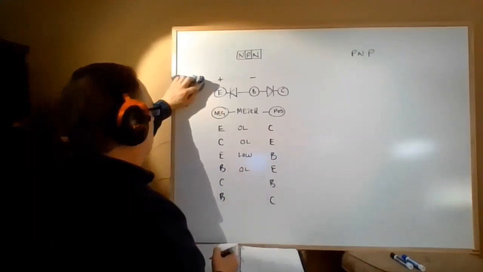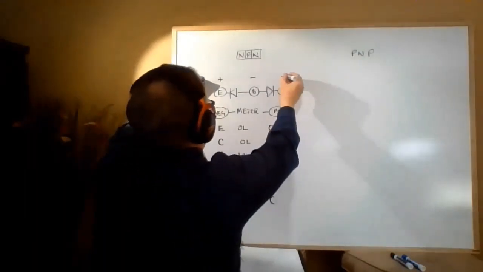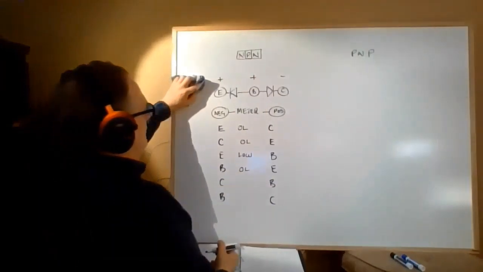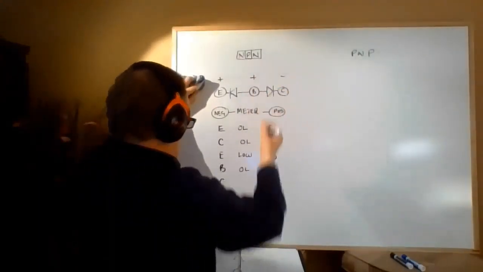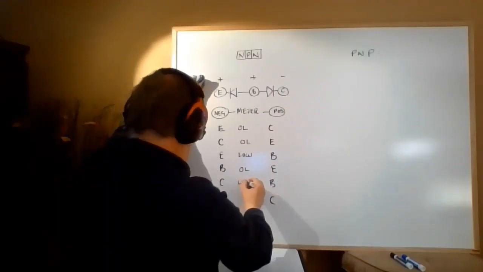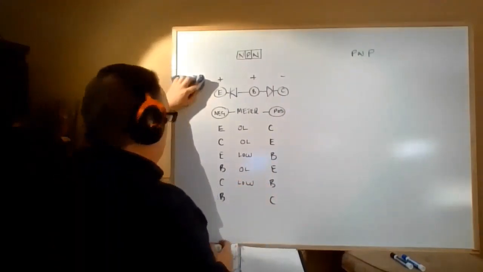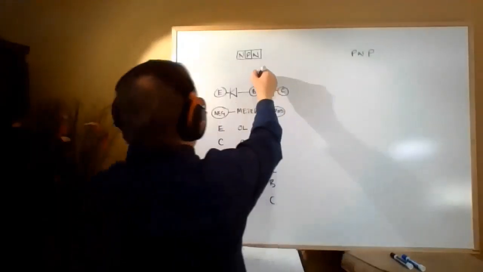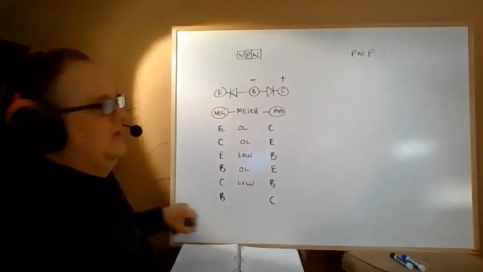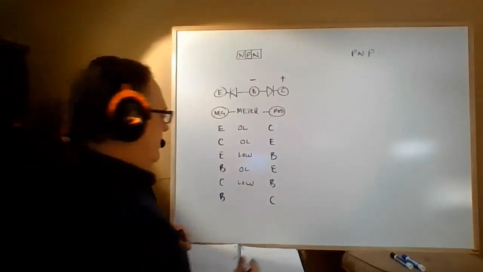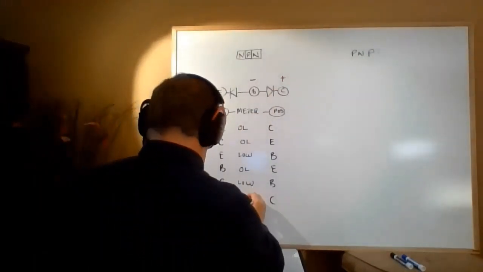Okay, now what about collector to base? Negative, positive. Remember, this is the N-type material, and so that will actually be a low reading. Okay, and if we put the negative on the P-type material and the positive on the N-type material, now we're reverse biased, and you will see OL again. Okay.